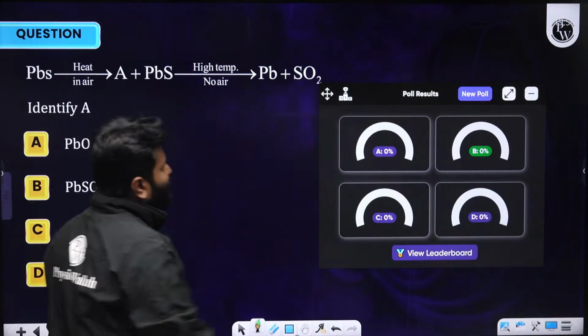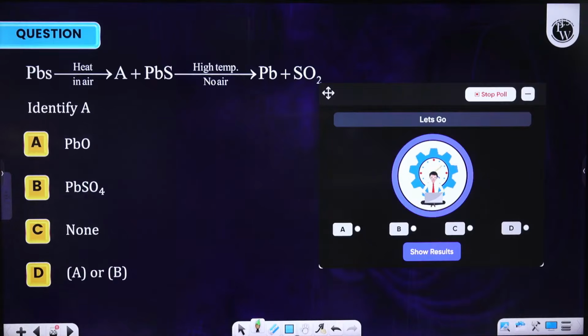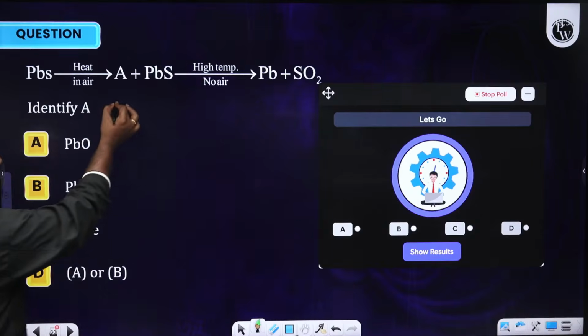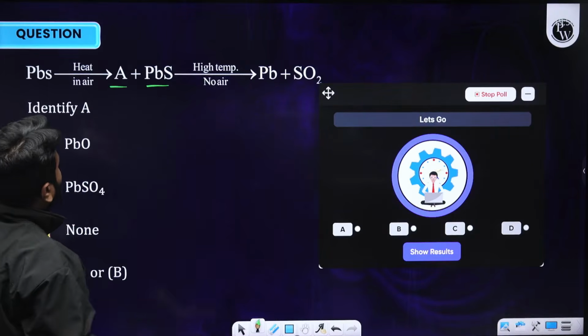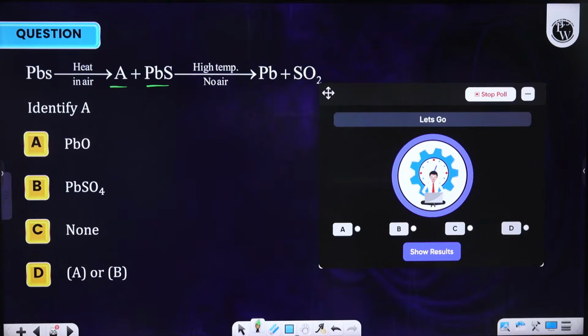Next question, reaction based. Lead sulfide, if I heat it in air, I get A plus lead sulfate. At high temperature with no air, I will get lead plus sulfur dioxide. Identify A. What will be the reaction?